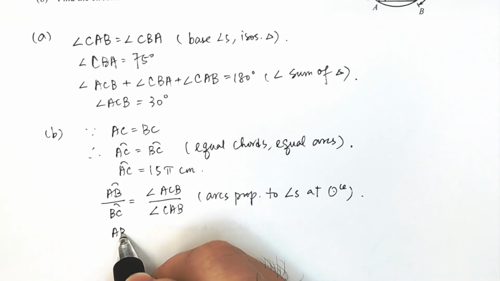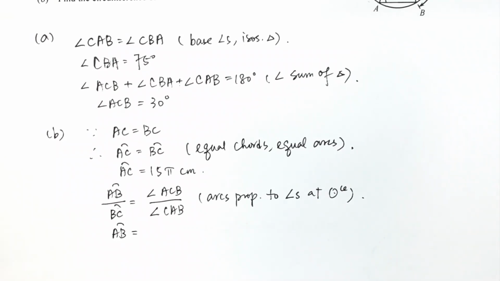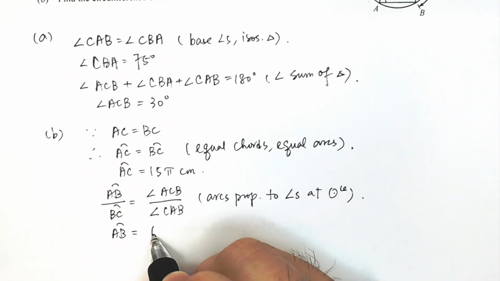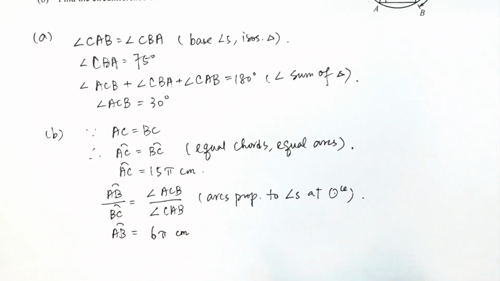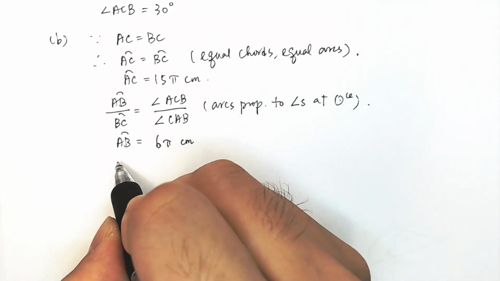And thus you should find the arc length of AB is 6 pi cm, and thus you should find the circumference of the circle.